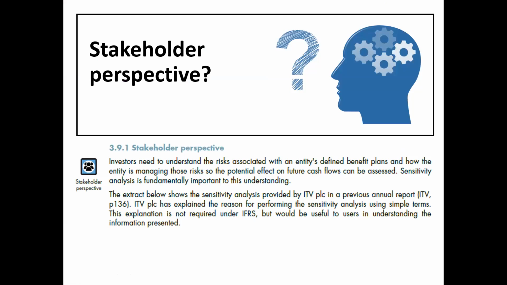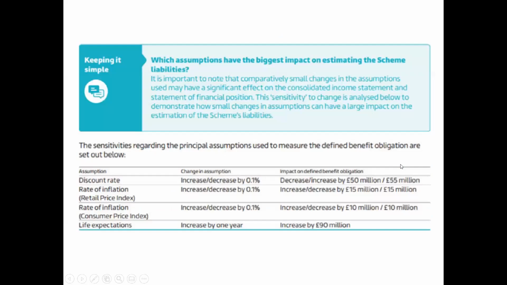For employee benefits, from a shareholder's perspective, we need to be able to discuss the risks involved with this defined benefit plan, and how the entity can manage risk and the potential effects on future cash flows. So make sure that you think about the shareholder's perspective specifically for the defined benefit plan.